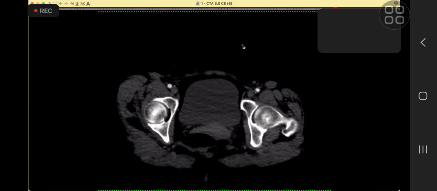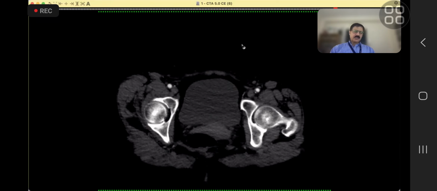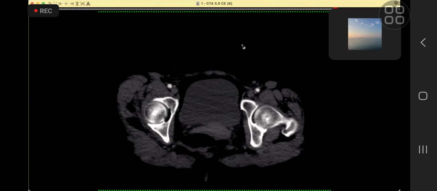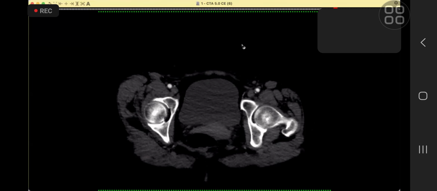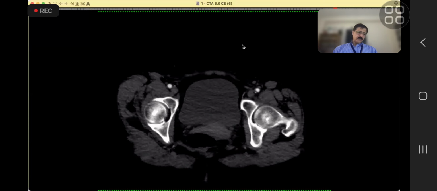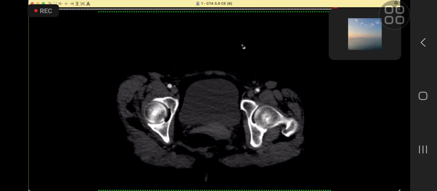What is the definition of B? B involves only the descending thoracic aorta and does not involve the ascending aorta or the arch. What is the treatment usually for B, surgical or medical? B is usually medical, control of hypertension. Thank you.